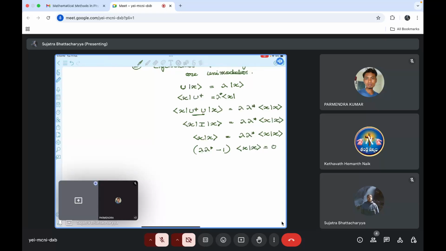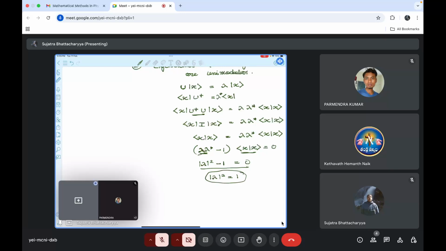That means the lambda times its complex conjugate, mod lambda square, minus 1 should be equal to 0, because you see the x self inner product is not equal to 0. We know that. So mod lambda square is equal to 1.